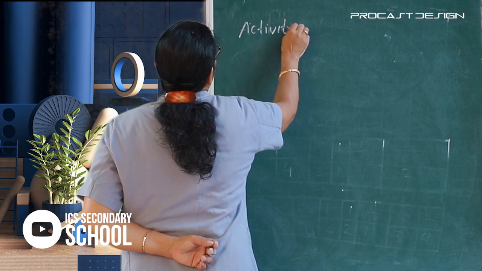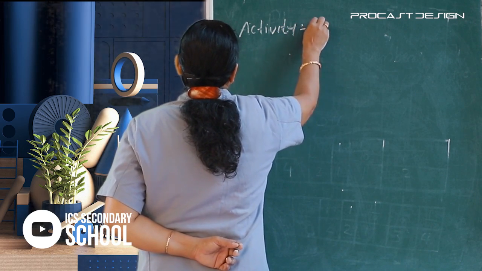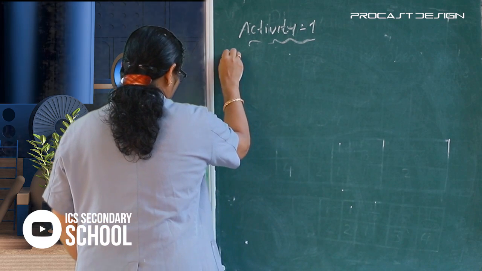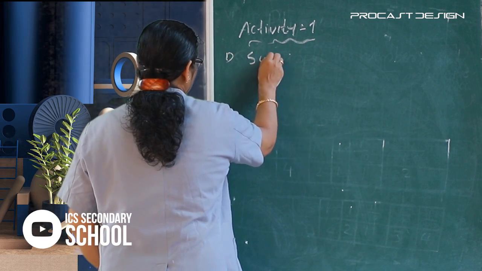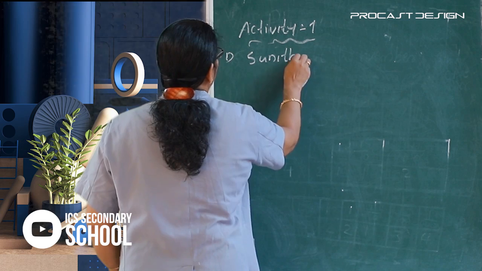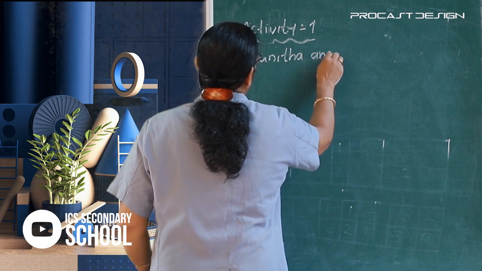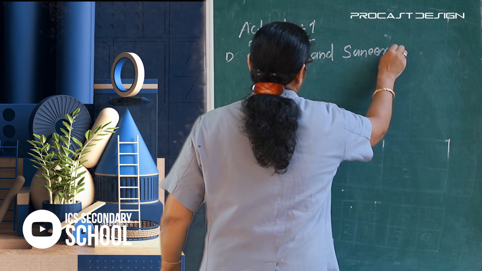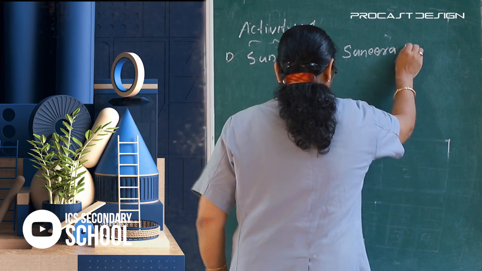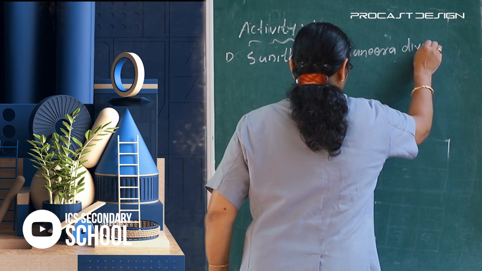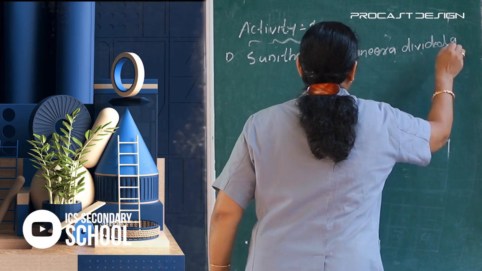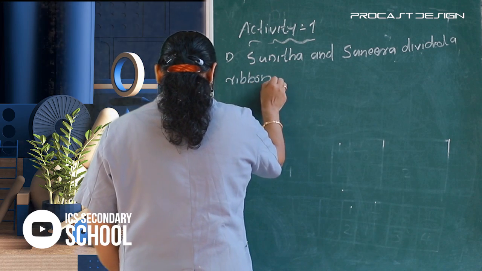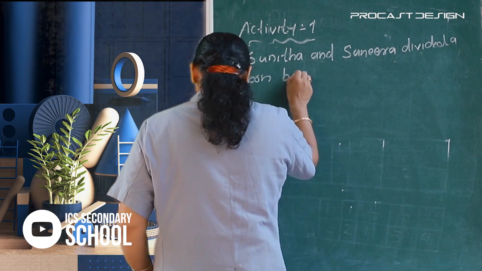Activity first. Sunitha and Sunira divided a ribbon between them.